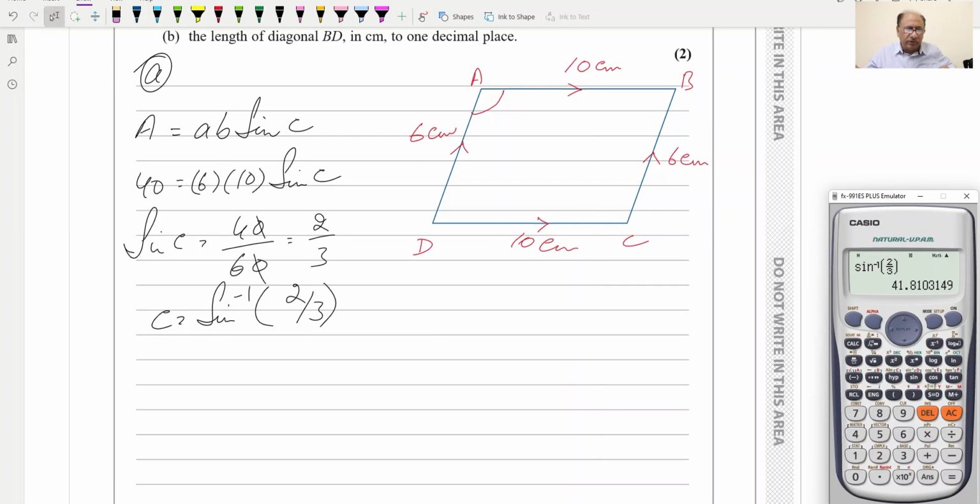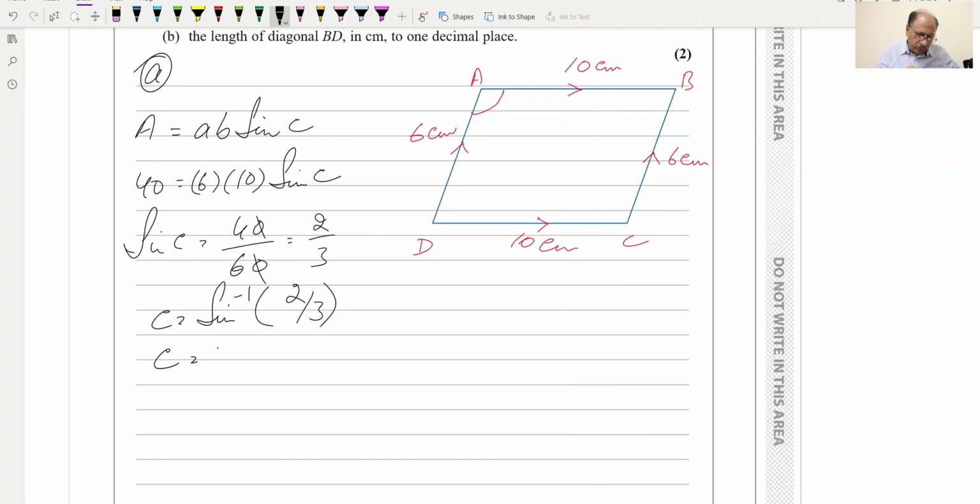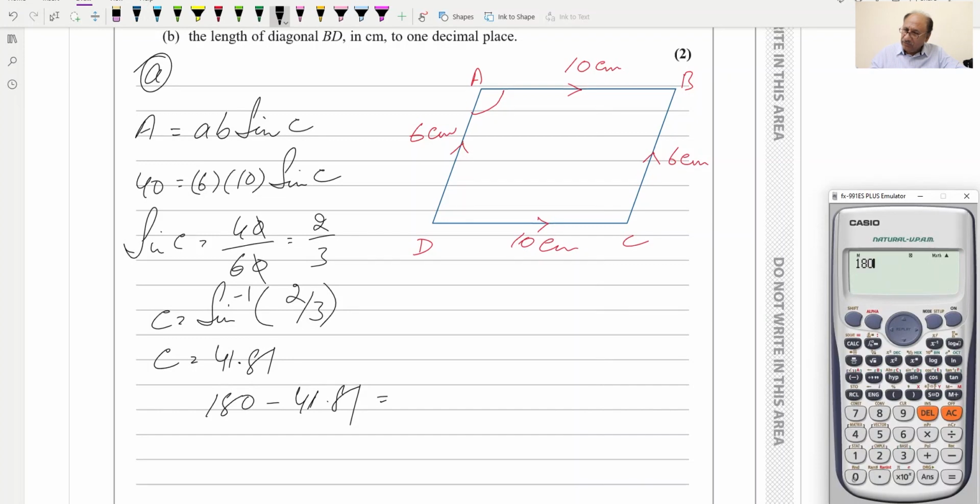It will be 41.81, so the C value is equal to 41.81. Now for the obtuse angle we subtract from 180: 180 minus 41.81 will be equal to 138.189.